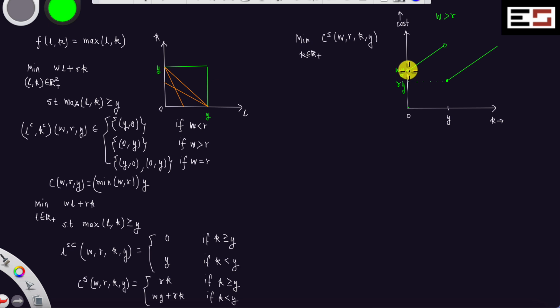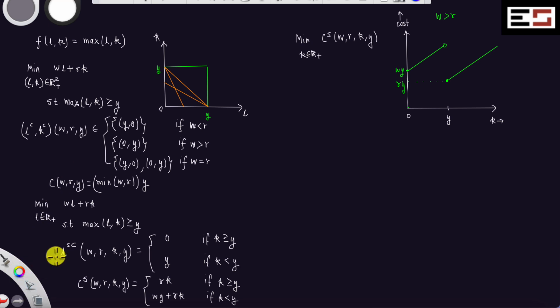So notice that it's increasing in this region, and then it drops to this value, and then it goes up, and this value is the lowest possible value that the function takes. I mean, ry is the lowest possible value that this particular function takes on the entire R plus. So the optimal choice, if w is greater than r, is k equal to y.